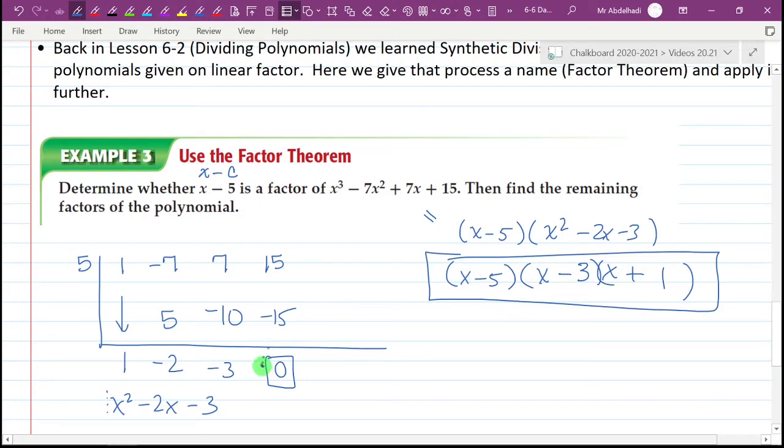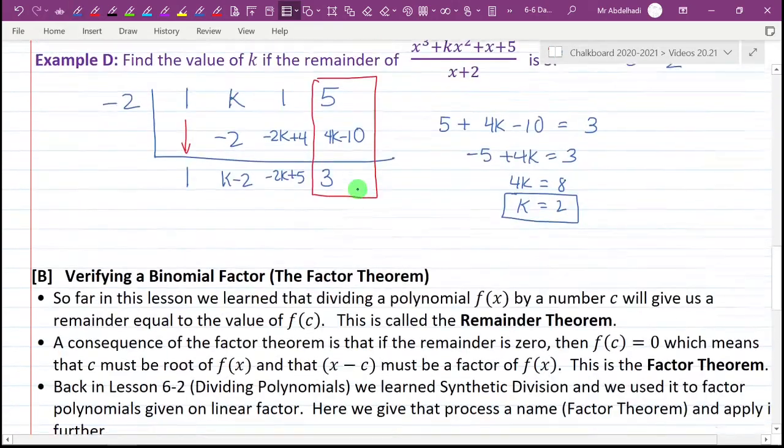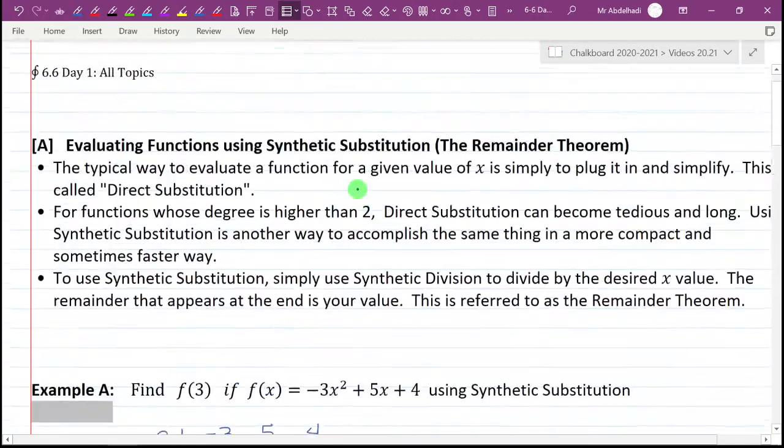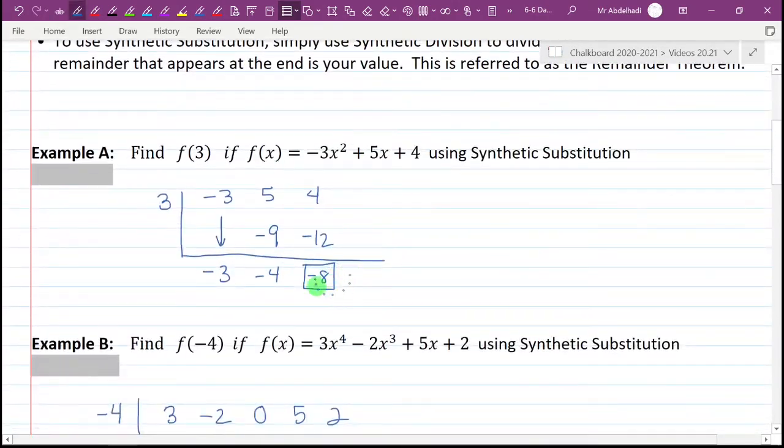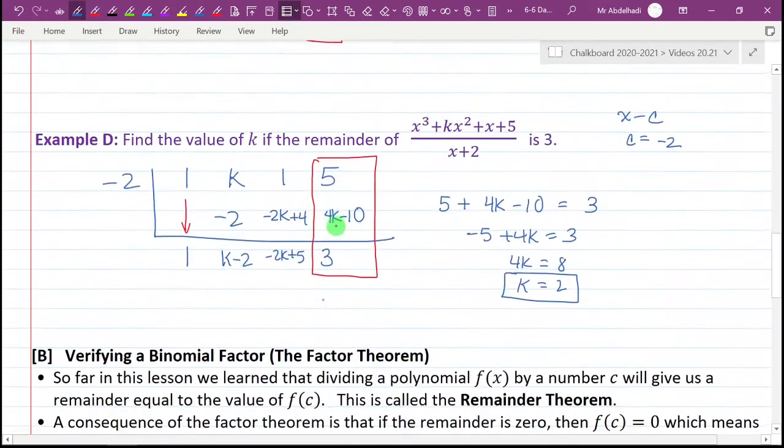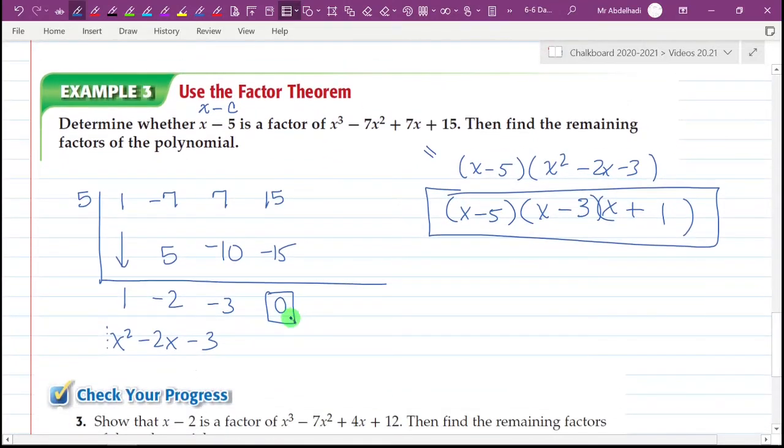But since the theme today is remainders of synthetic division, we have two things that we do with the remainders. One of them is that the remainder is actually what you get if you plug a number into a function. And the second one is if the remainder is 0.